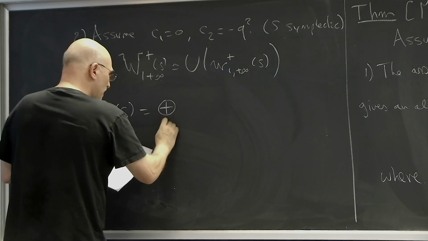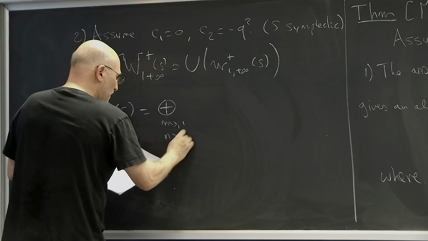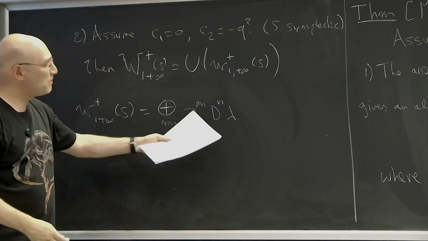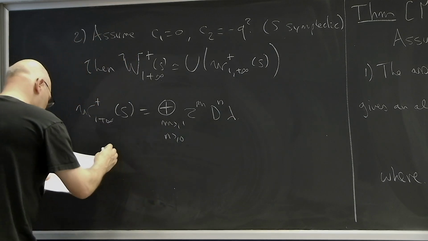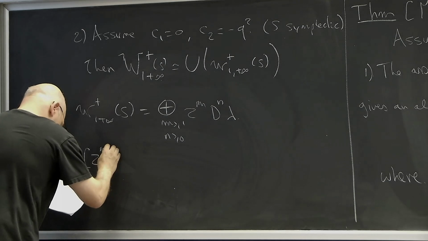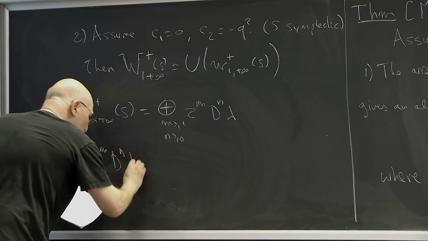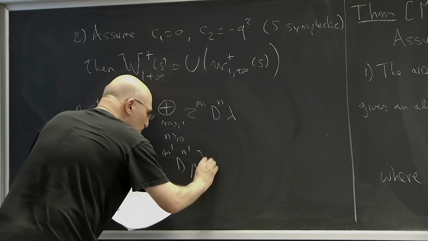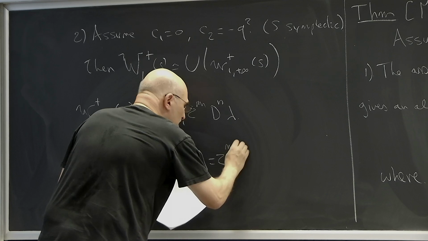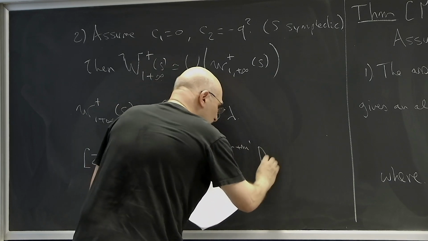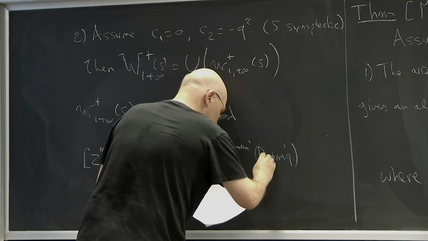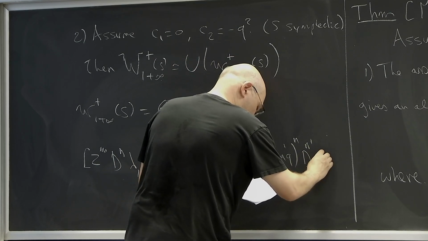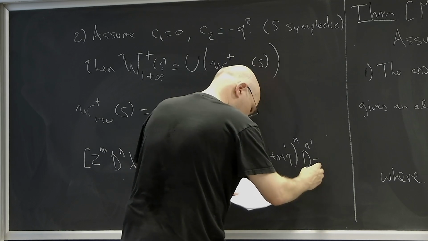Direct sum for all m greater or equal to 1 and n greater or equal to 0, Z_{m,n,λ}. So now I have m, n, λ, but the relations are almost the same. So the bracket of Z_{m,n,λ} with Z_{m',n',μ} is Z_{m+m'}, and here I have (n' plus m'q n) minus the opposite.